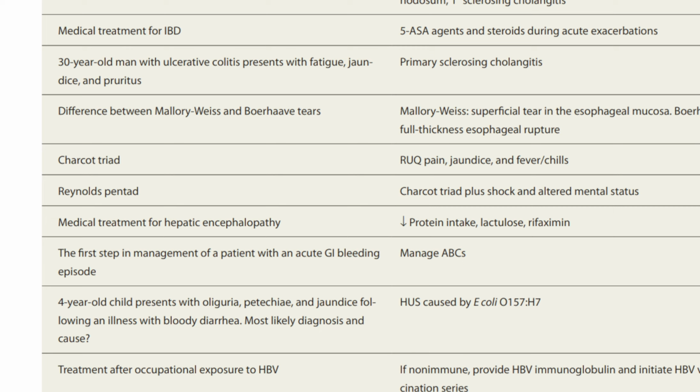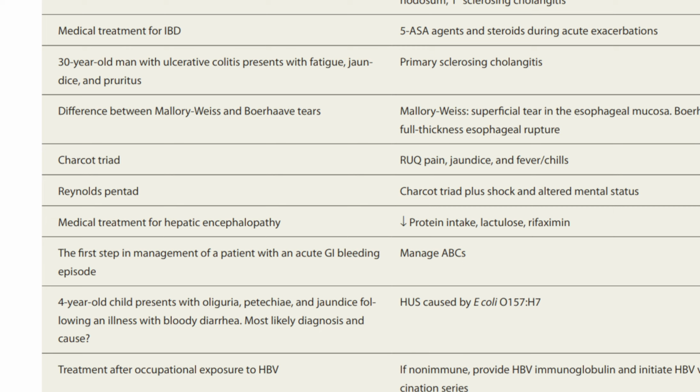So you have a 4-year-old child presenting with oliguria, petechia, jaundice, following an illness with a bloody diarrhea. The most likely diagnosis is hemolytic uremic syndrome caused by Escherichia coli O157:H7.